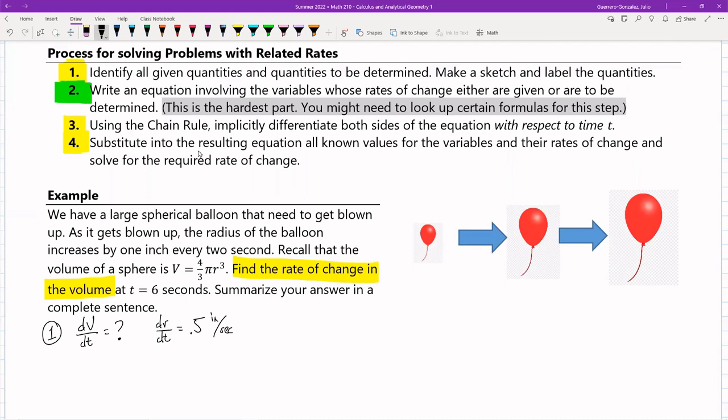And the last thing is, we're going to need the radius at t equals 6 seconds. You guys will see why. And the radius at t equals 6 seconds is 3 inches.